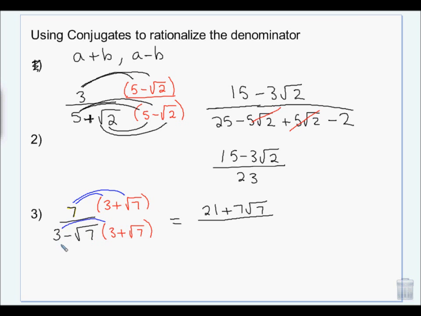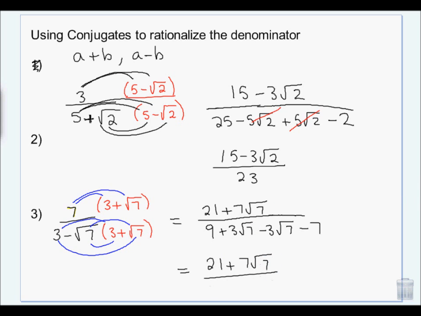And then I'm going to FOIL my denominator. So I do 3 times 3, which is 9, plus 3 times the square root of 7, minus 3 times the square root of 7, minus 7. I have these that will cancel, and that's over 2. And then 21, 7, and 2 don't divide by anything the same, so I'm done.